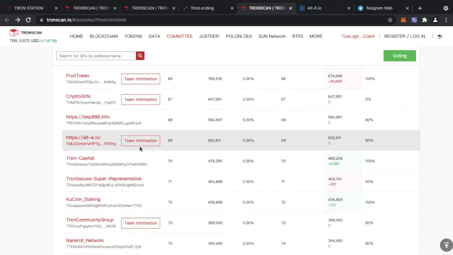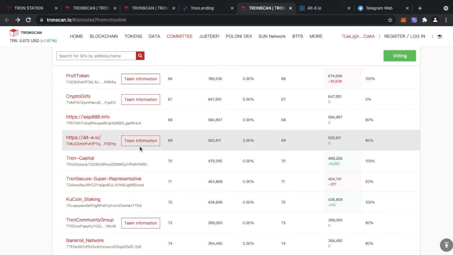What Alt E is trying to do is become almost like the power grid for this new ecosystem, and it's going to form contracts where when people try interacting with the contracts, it's not going to use the end user's energy or Tron. It will use the energy within the Alt E power system, the Alt E super representative, and that will facilitate all these transactions.